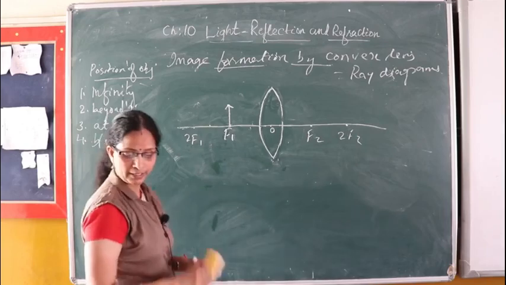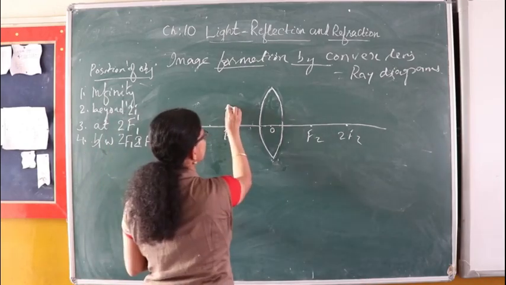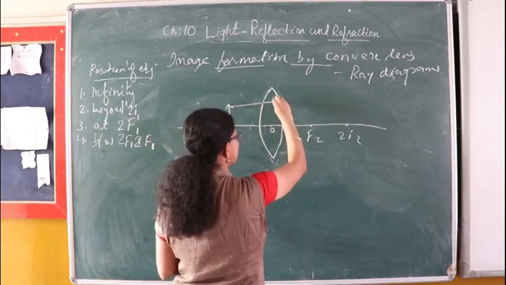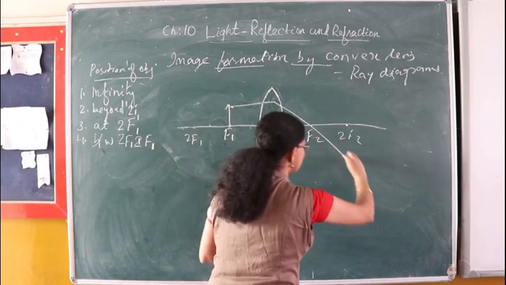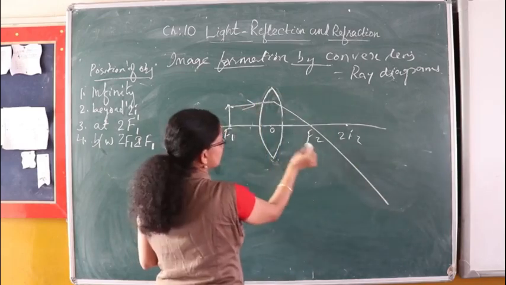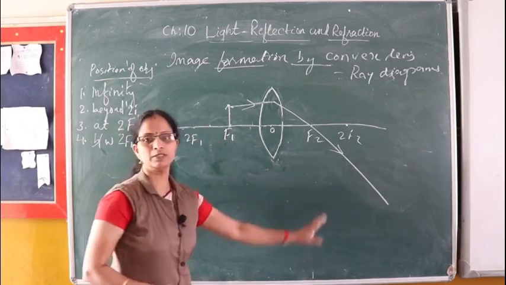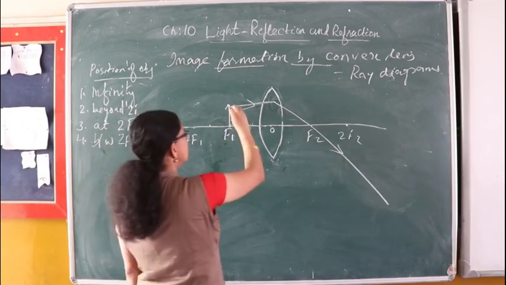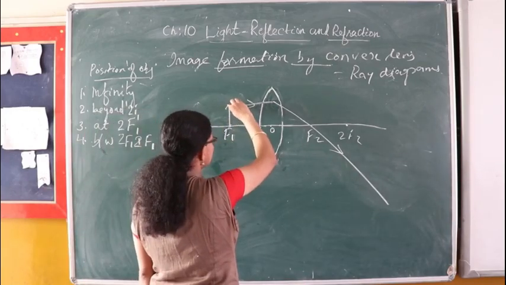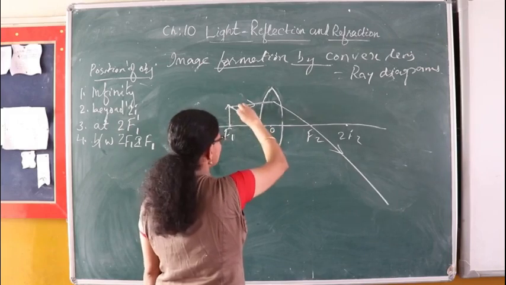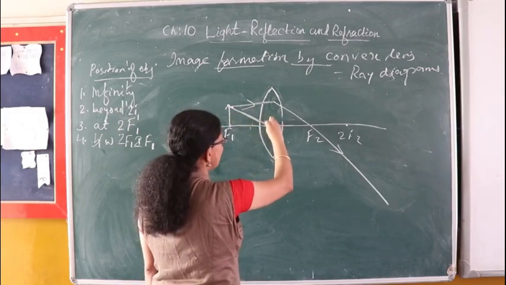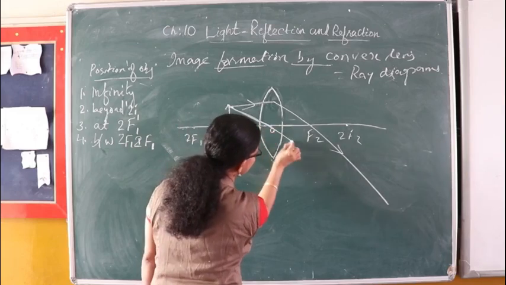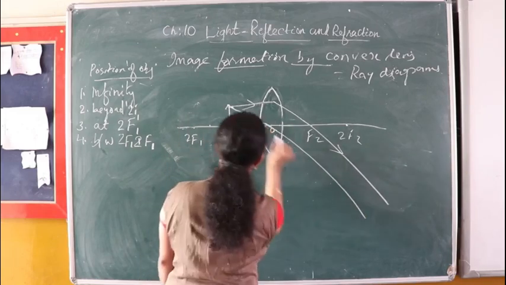Now, one ray that is coming parallel to the principal axis passes through the principal focus after refraction. Another ray we are taking is the one passing through the optical center. We know the ray passing through the optical center goes through the lens without any deviation.